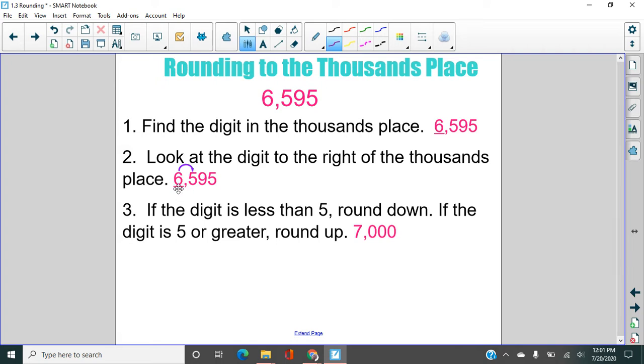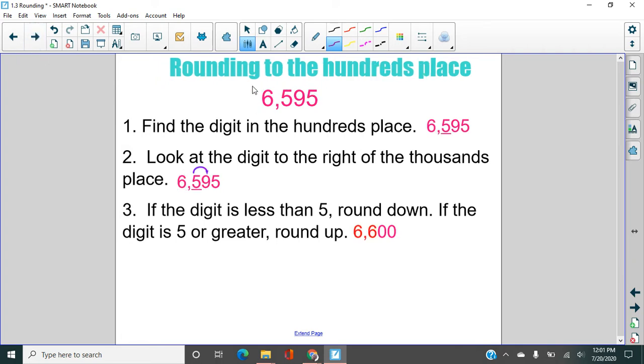The number that you underline never goes down, right? So this number is a 5. It's 5 or above, so it's going to shove that 6 up to a 7. And then all the rest of the numbers after what you underline become zeros. So this answer, when rounded to the nearest thousand, is 7,000.